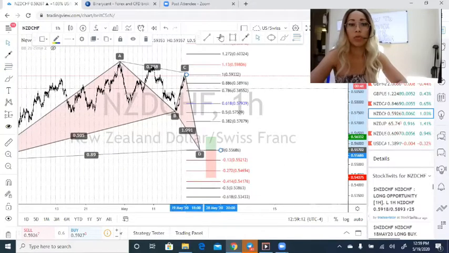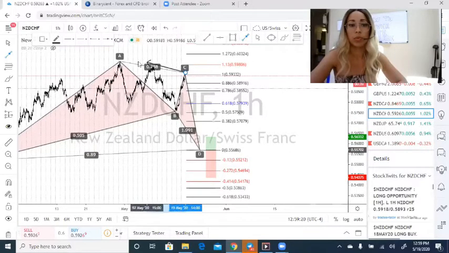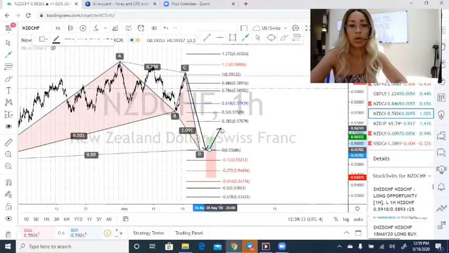And we're looking for a push down anywhere within this range of where C can come up to, remember, which is right where that 100% of A is. We're looking to take that down to here, the 88.6. And then from there, I'm looking for a pullback, take profit 1 of this 38.2, take profit 2 of this 61.8.